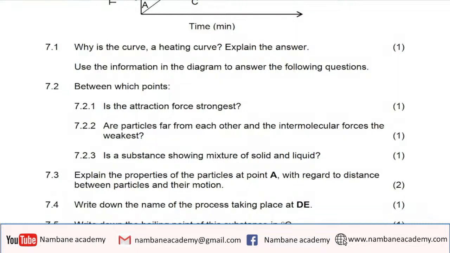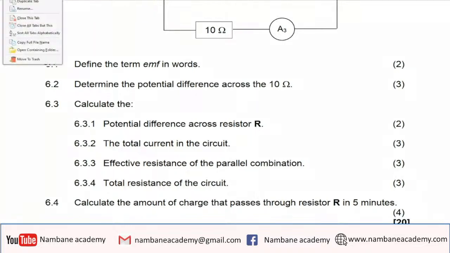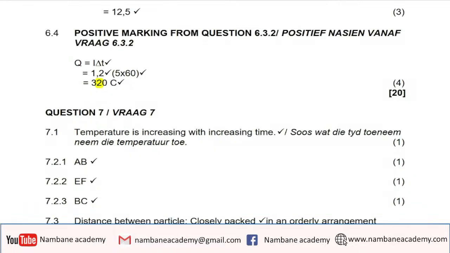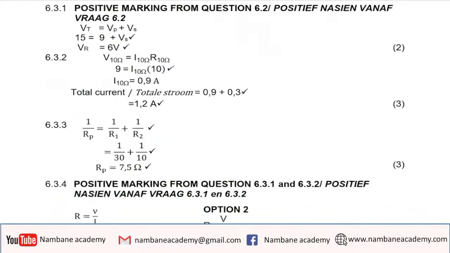I just want to go back to 6.1. I just want to find out if the learner said the maximum energy transferred per coulomb of charge. Maximum energy transferred per coulomb of charge. Okay. No, it's fine. Thank you on that.